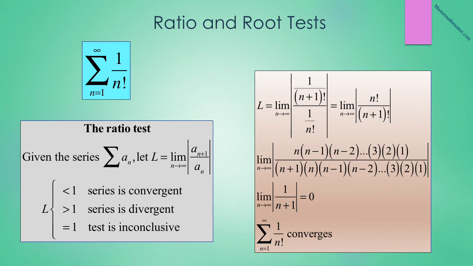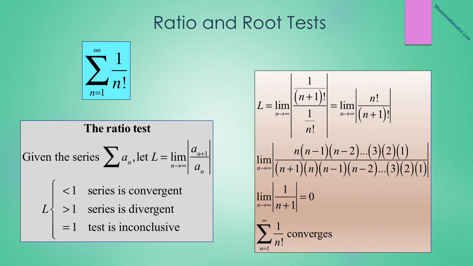The numerator is n times n minus 1 times n minus 2 times dot dot dot times 3 times 2 times 1, while the denominator is n plus 1 times n times n minus 1 times n minus 2 times dot dot dot times 3 times 2 times 1.